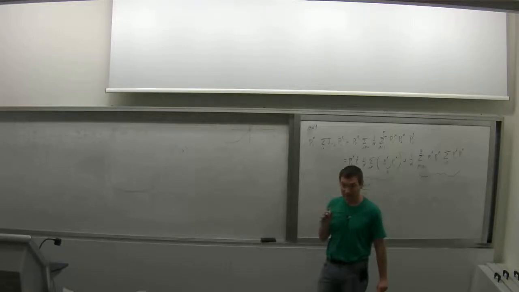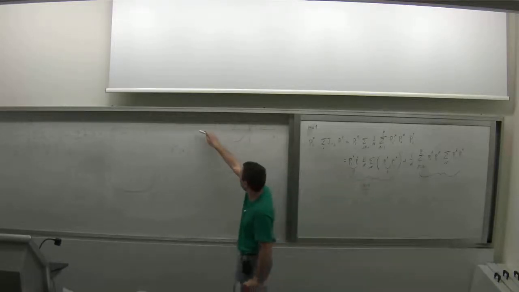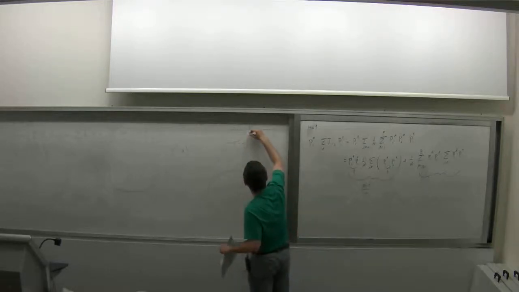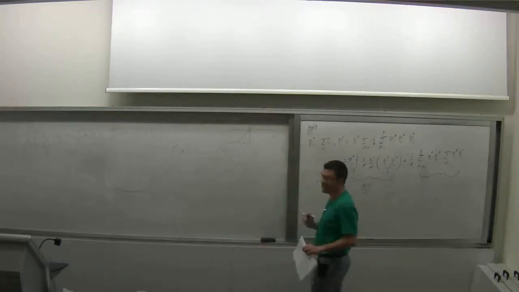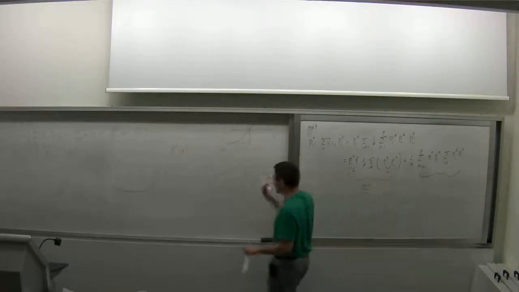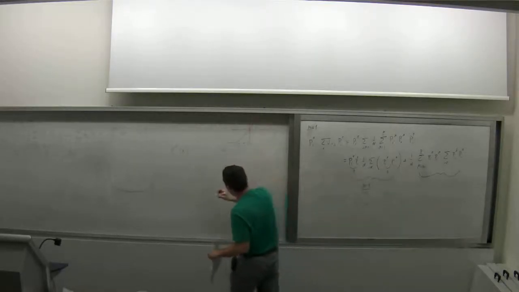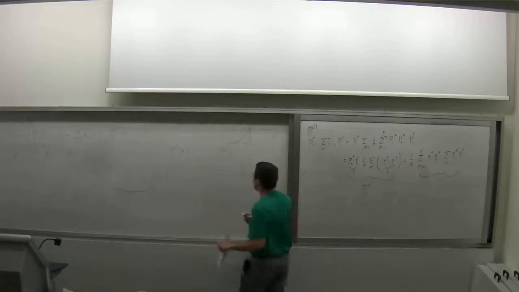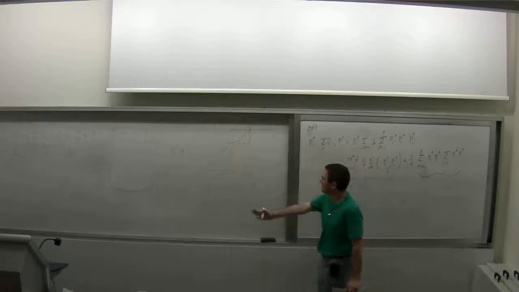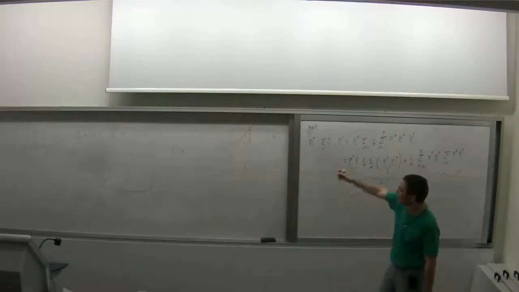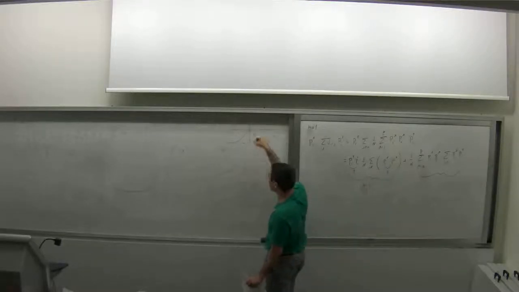When beta goes to infinity, hyperbolic tangent becomes a sign function. Sorry, what happens when beta goes to 0? We will talk about beta goes to 0 in a second. So if this is a sign function, this function becomes this function.